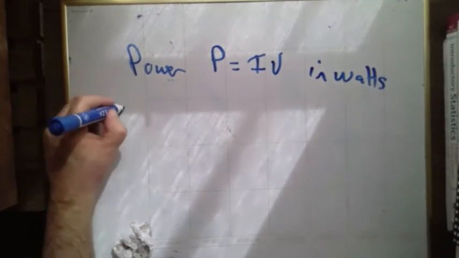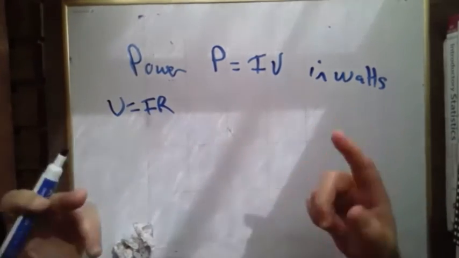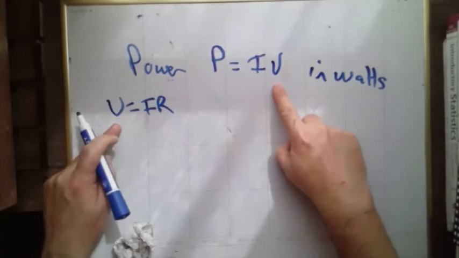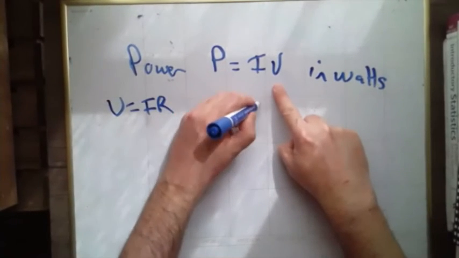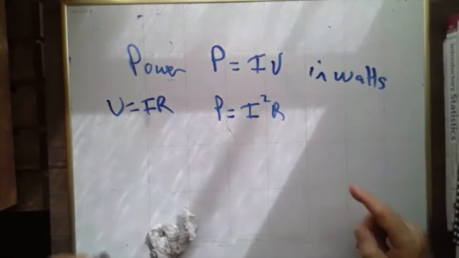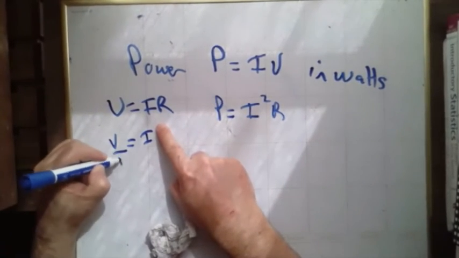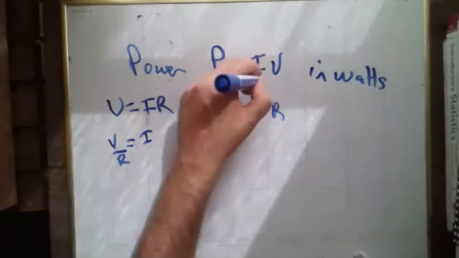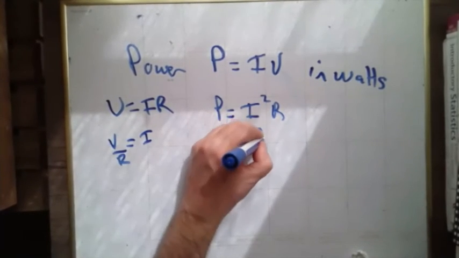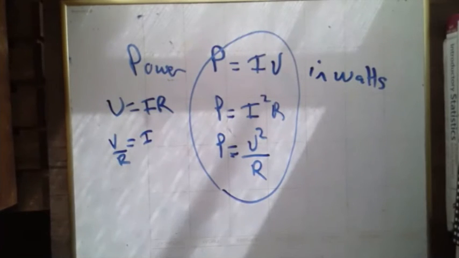But we know V equals IR. So if I have an ohmic resistor, I can plug that in and say P equals I squared R. Or I could solve this for I and plug it in here and say P equals V squared over R. We've got three different formulas for power, and whichever one's the most convenient is the one we use.